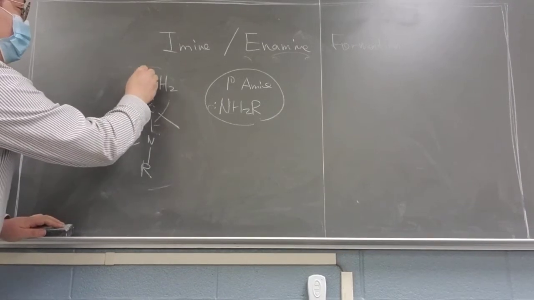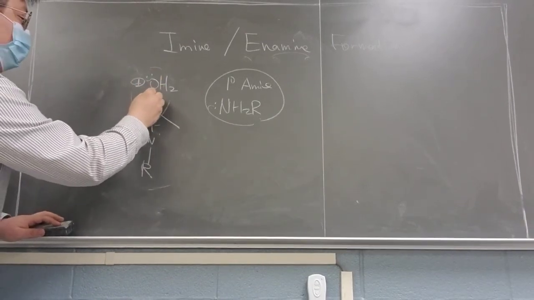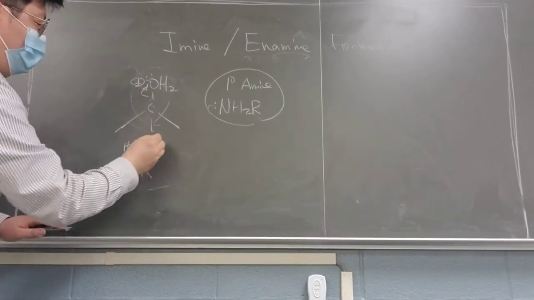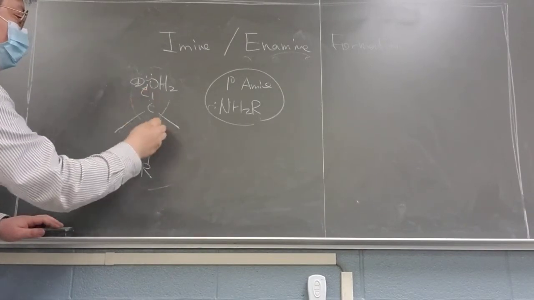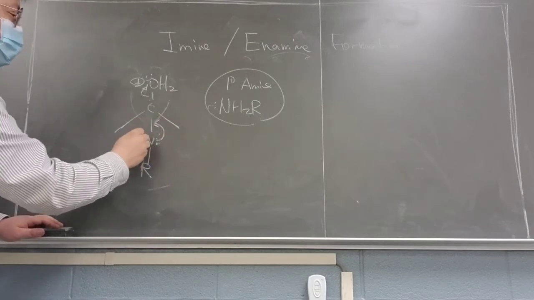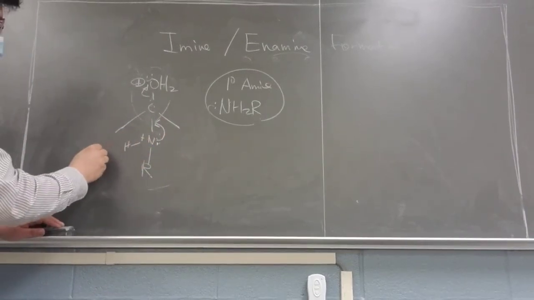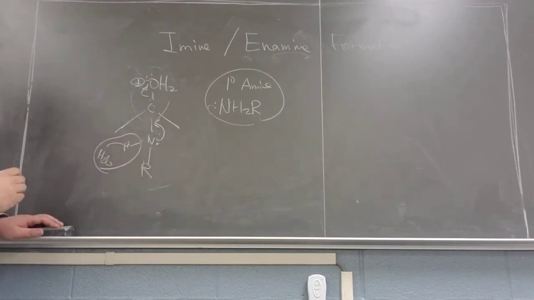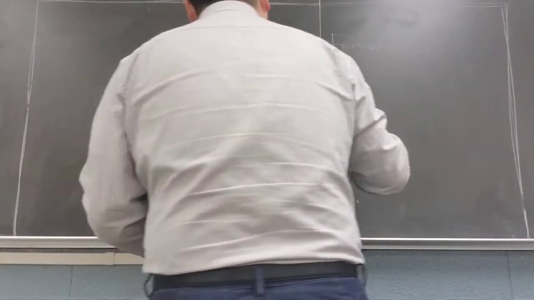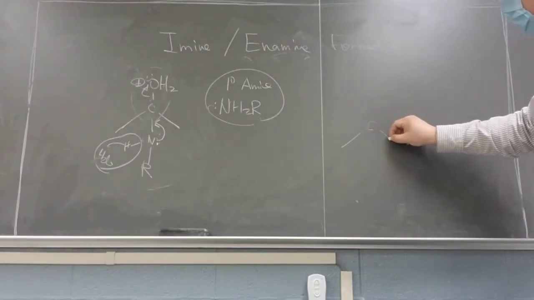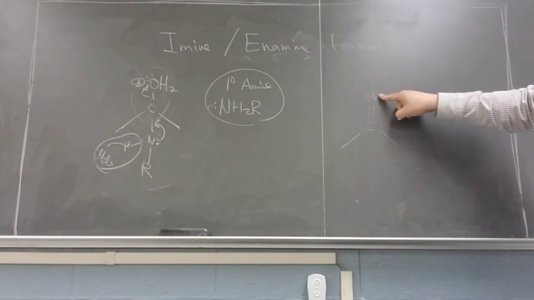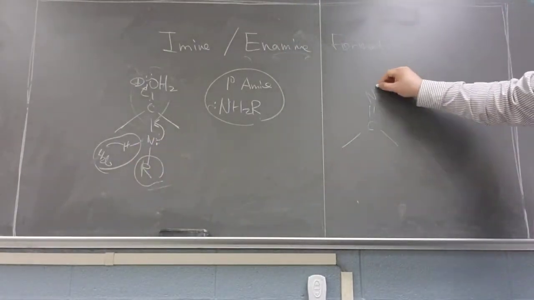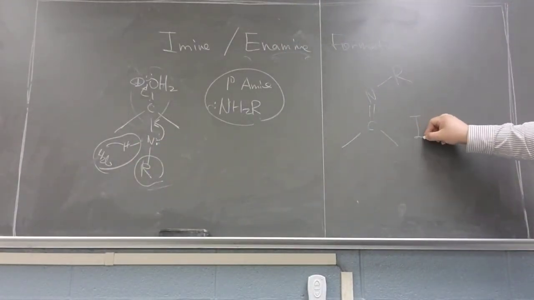Because this is a positive charge, it wants to grab this one over here, and one pair of electrons goes there. So this will be plus again, but picked up by water, so it can be neutral again when it goes to the proton. Okay? So then eventually you're going to have a carbon with the nitrogen having a double bond, but only leaving one R over there.